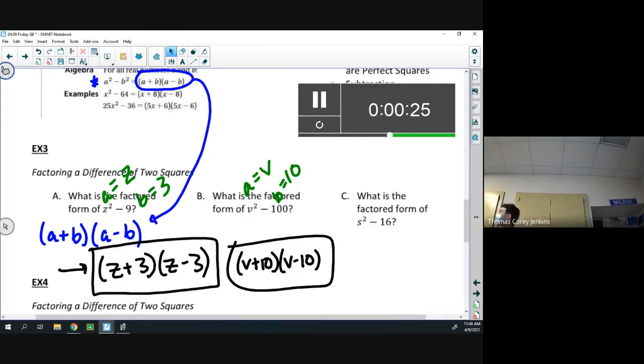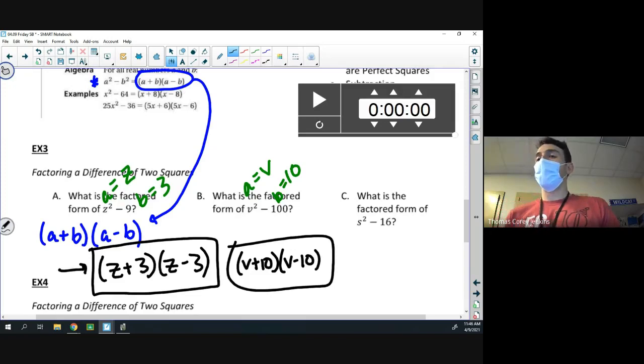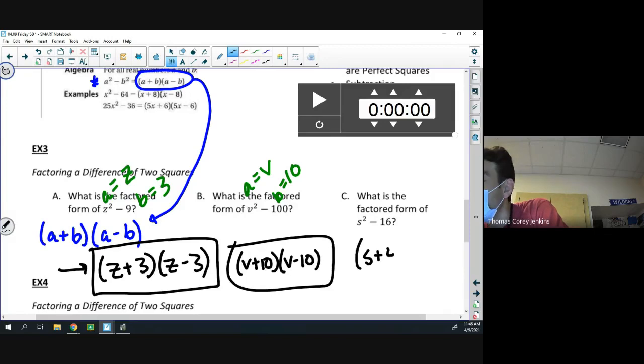If not, talk to somebody around. All right, Sergeant Beaucamp, I'm coming to you on this one. It is exactly that. S plus 4 times S minus 4 is correct.